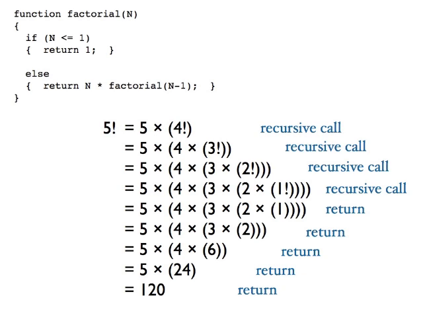Here we've got the algorithm again, and underneath it, a visualization of the calls. So we see that 5 factorial is equal to 5 multiplied by 4 factorial. And this in turn is expanded to be 4 multiplied by 3 factorial. 3 factorial is expanded to be 3 multiplied by 2 factorial, and so on down until we end up with 1 factorial, which, judging by the algorithm, has an immediately calculable value of 1.